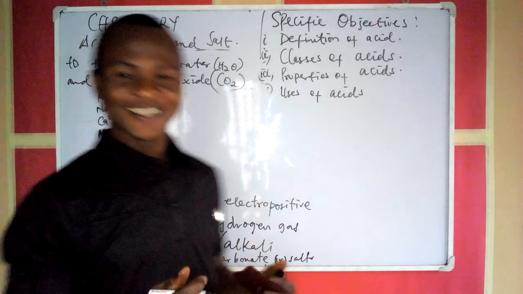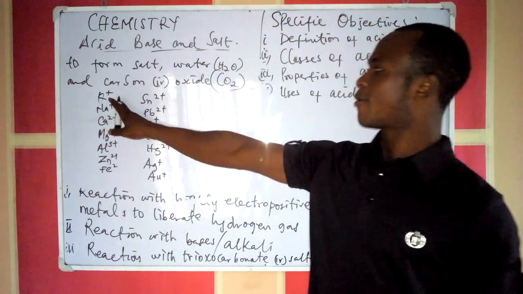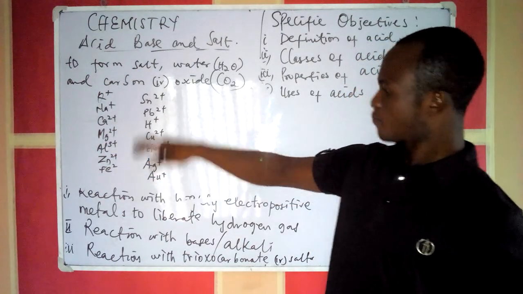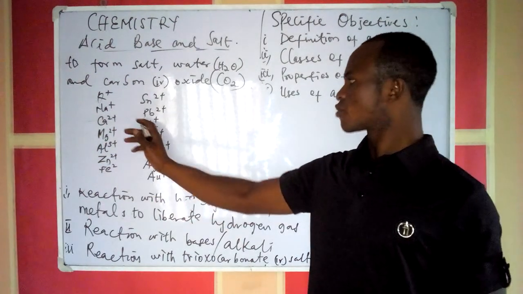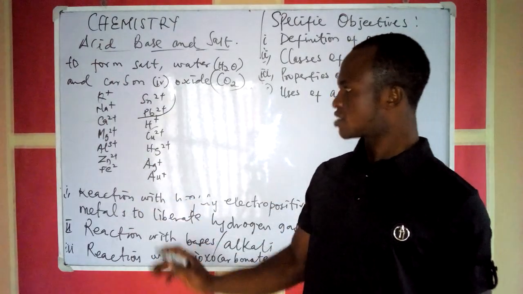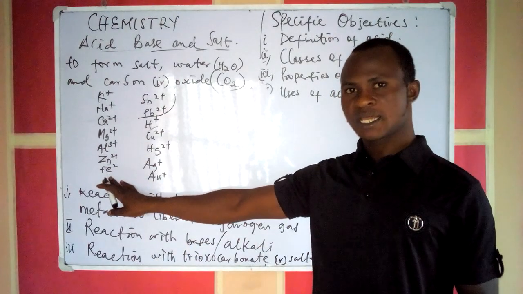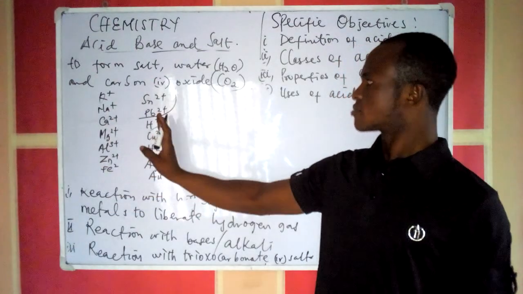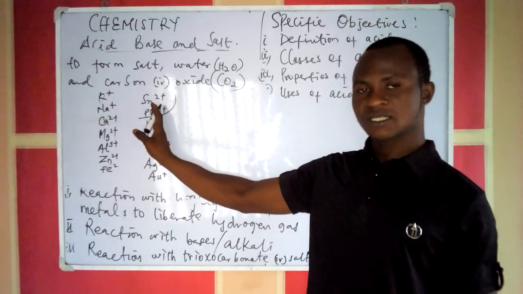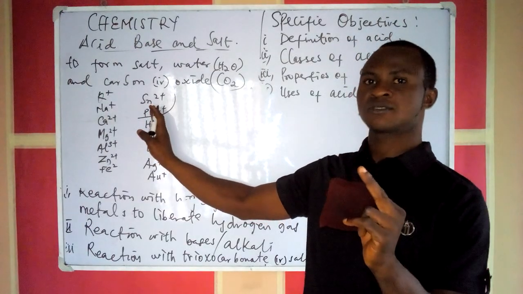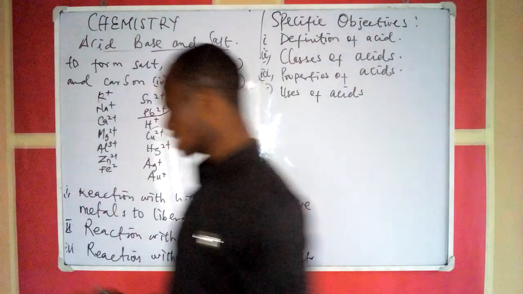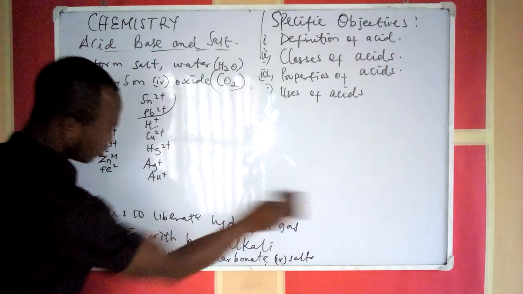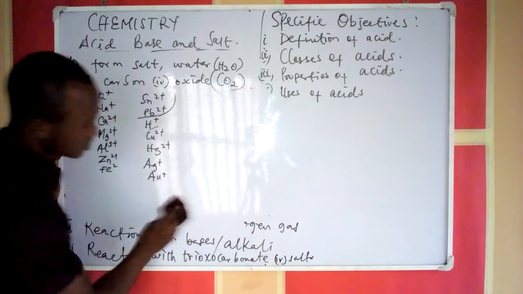You are getting it. So from hydrogen up: potassium, sodium, calcium, magnesium, aluminum, zinc, iron, tin, lead, hydrogen. The metals in the electropositivity series from here up can react with acids to liberate hydrogen. But there is something very important. Let us illustrate it so that you get what we are saying.